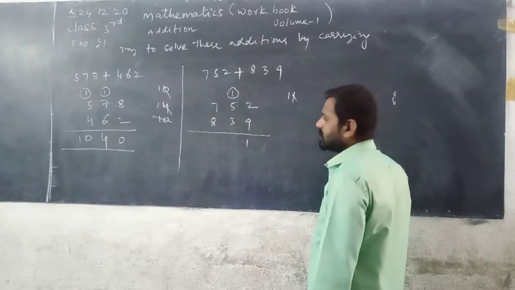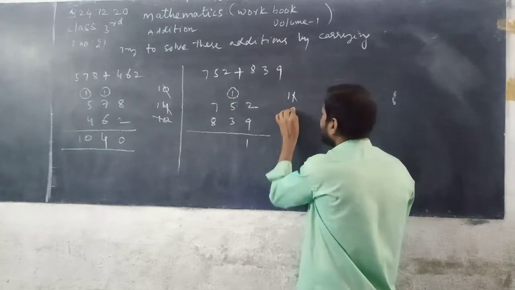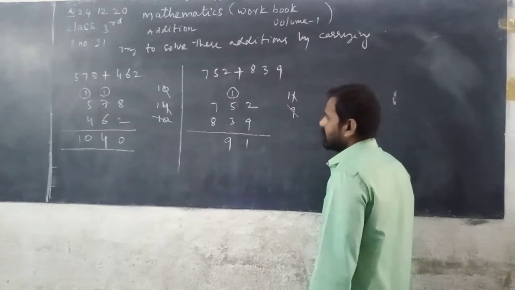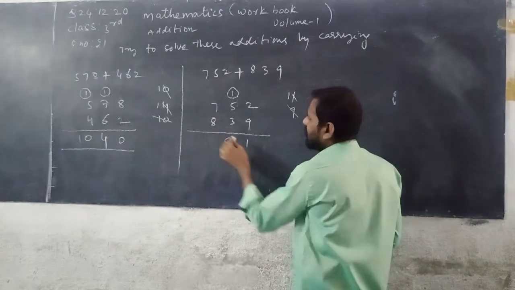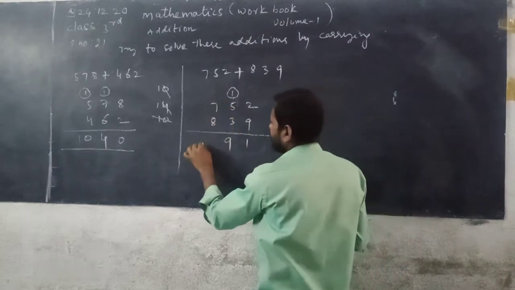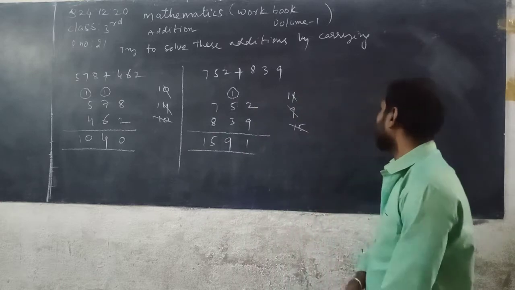Next add the digits in tens place along with the carry. 1 plus 5 is 6, 6 plus 3 is 9. 9 is a 1 digit number, there is no carrying, you can write it in tens place. Next 7 plus 8 is 15. So you can write 15 in this column. Sum is equal to 1590.